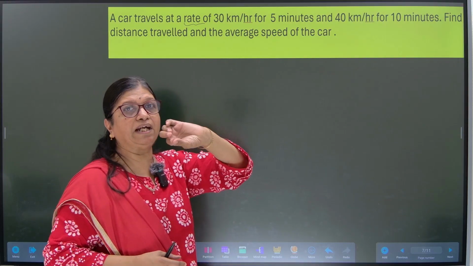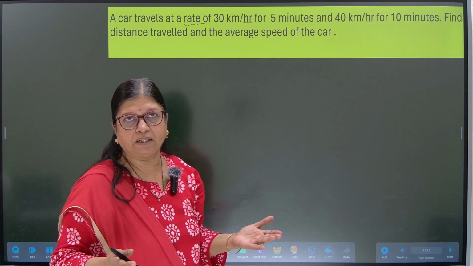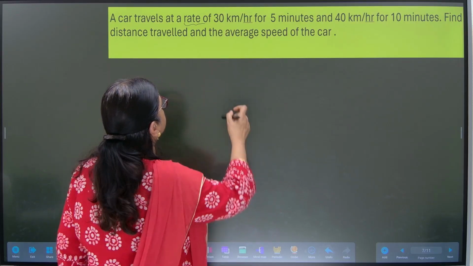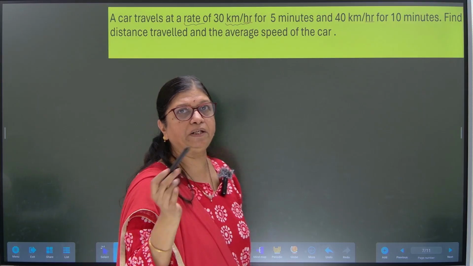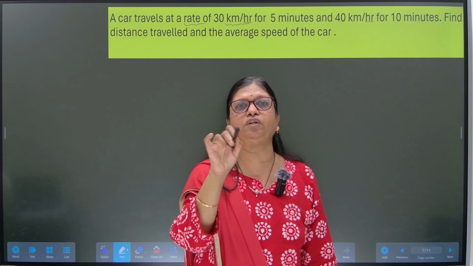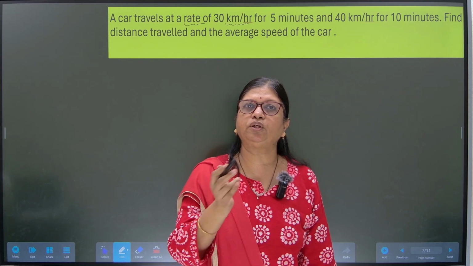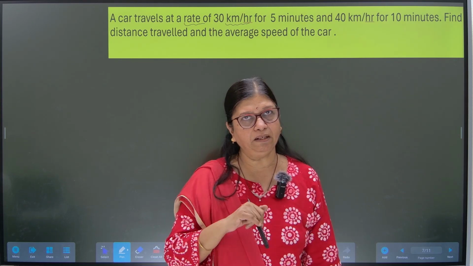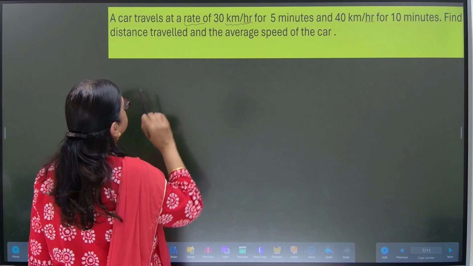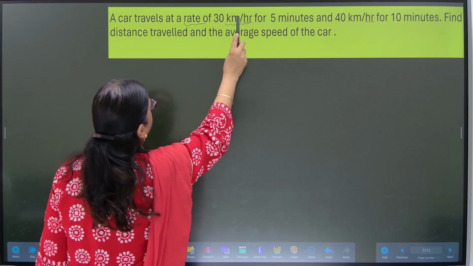So when you don't understand what is rate, it is neither velocity, neither time, then you have to go to the unit. The unit is telling kilometer per hour. Kilometer is a unit of distance and hour is a unit of time. So distance upon time will give me the speed. Simple. Okay.